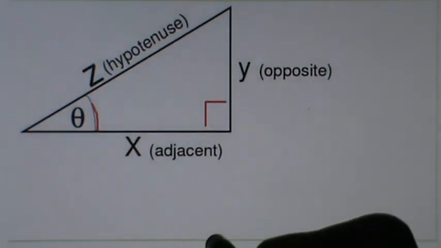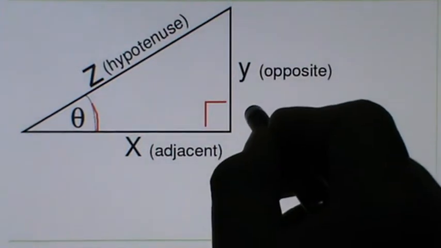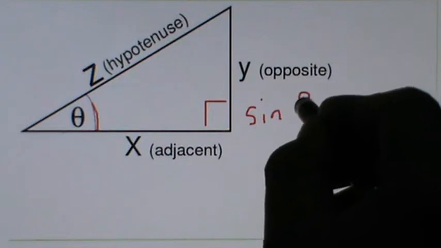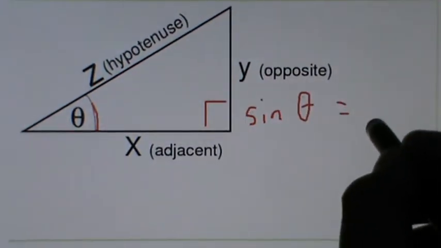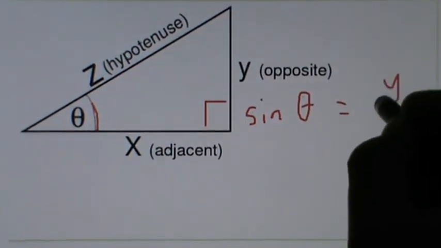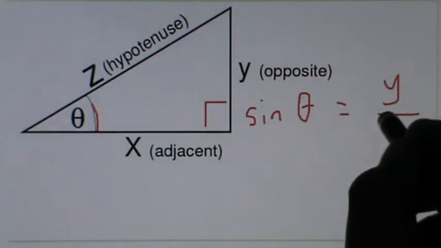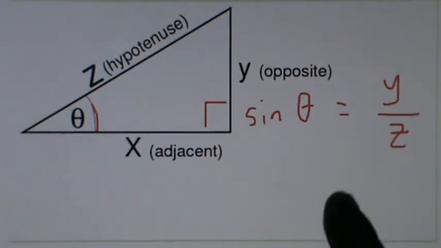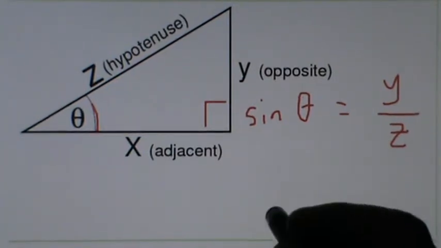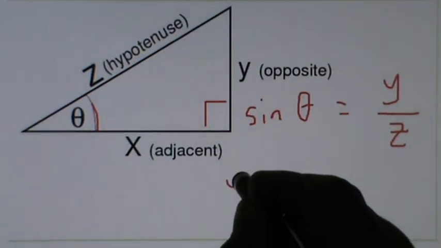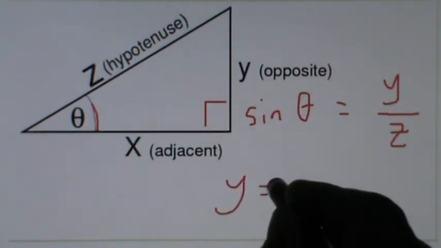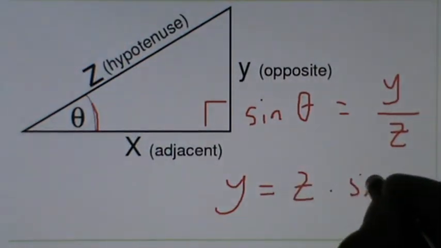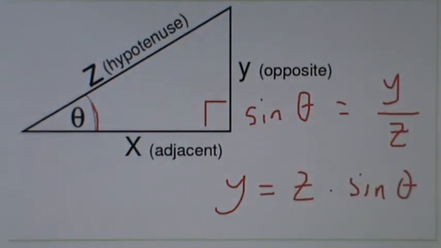Now from the trigonometry you have learned that sine theta is equal to the opposite side y divided by z. So from this relation we can also write that the opposite side y here is z times sine theta.